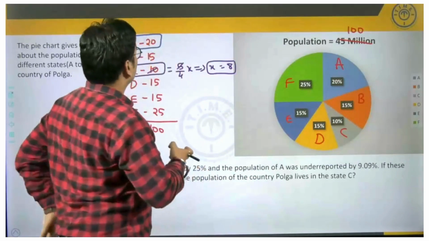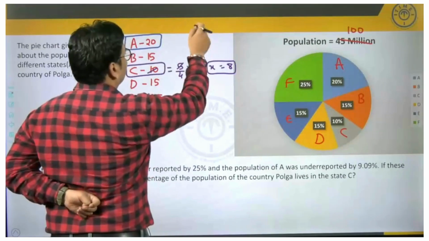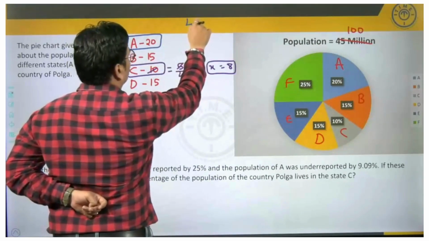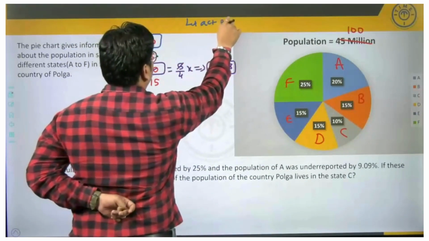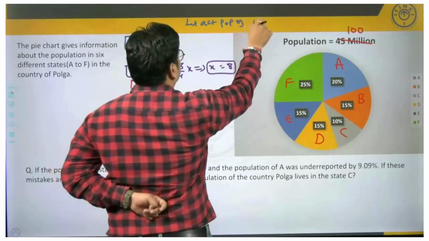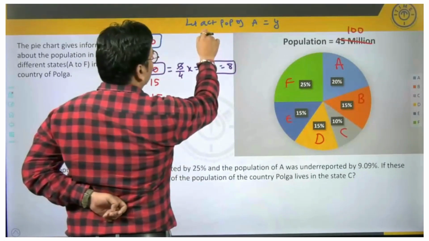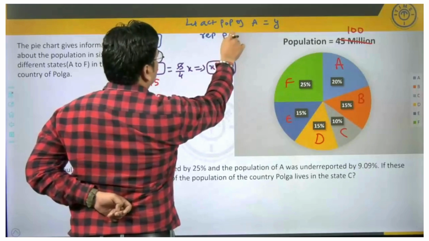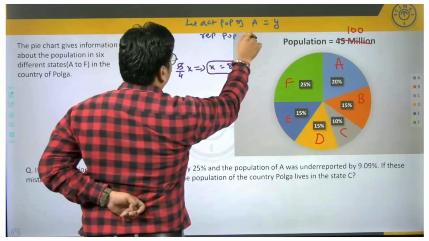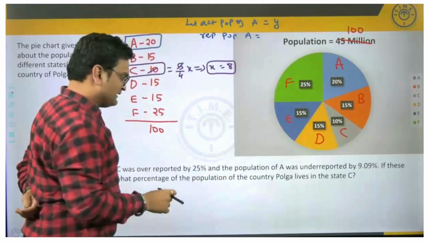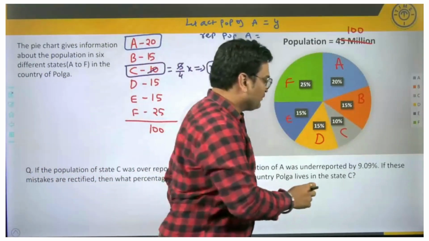So let the actual population of A be Y. If the actual population of A is Y, the reported population will be, there is an underreporting of 9.09%.